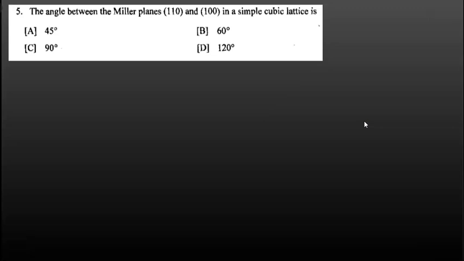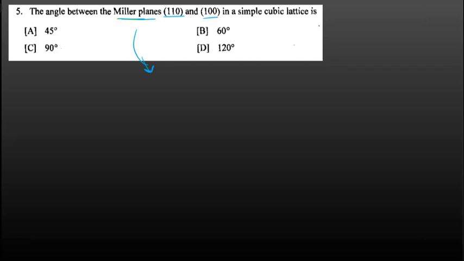Now, though this question is not from Basic Mathematics, this is from solid state, but this can be solved even without the knowledge of solid state with the help of basic mathematics. The question is: the angle between two Miller planes 110 and 100 in a simple cubic lattice is. By the help of 3D coordinate geometry, we can solve this question.